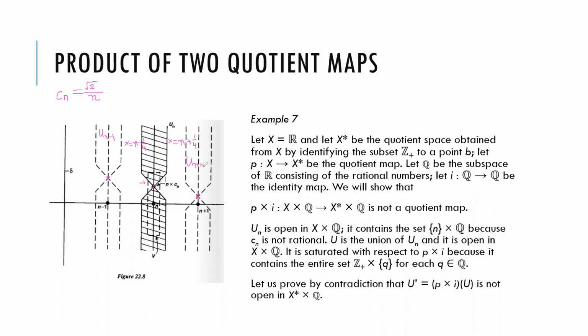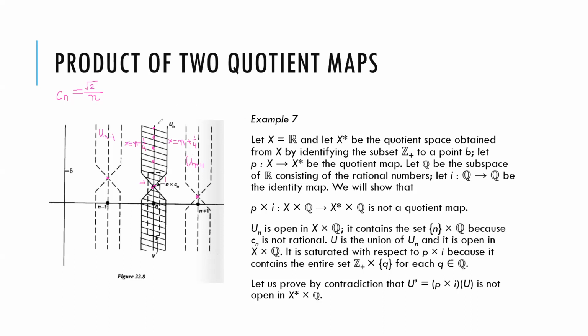All of these sets are open in X cross Q, and they contain the set n cross Q. Since Cn is not rational, n cross Q would be a bunch of points lying here, wherever we have a rational number.